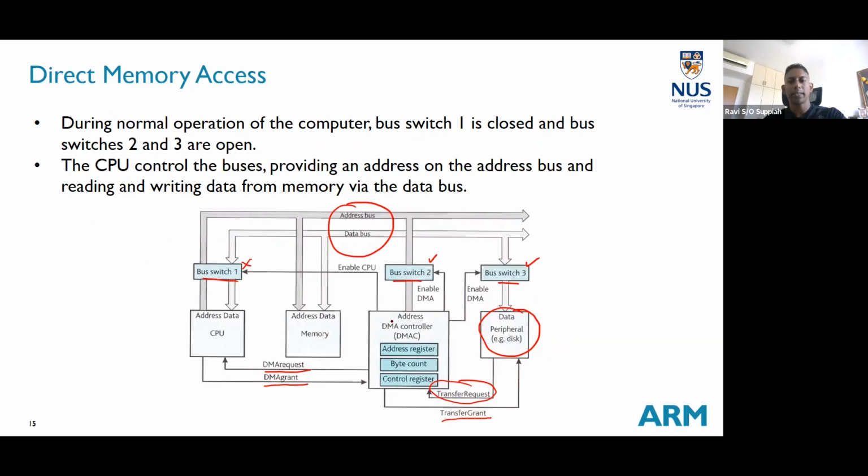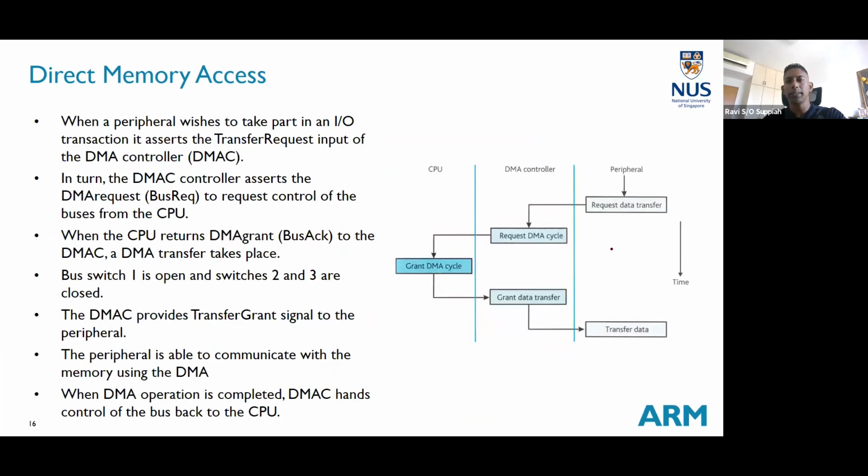Everything is handled by the DMA itself. So this is one way in which this can happen, where the peripheral initiates and it goes to the DMA controller, CPU, and comes back, and then the whole data transfer happens, like what I mentioned just now.